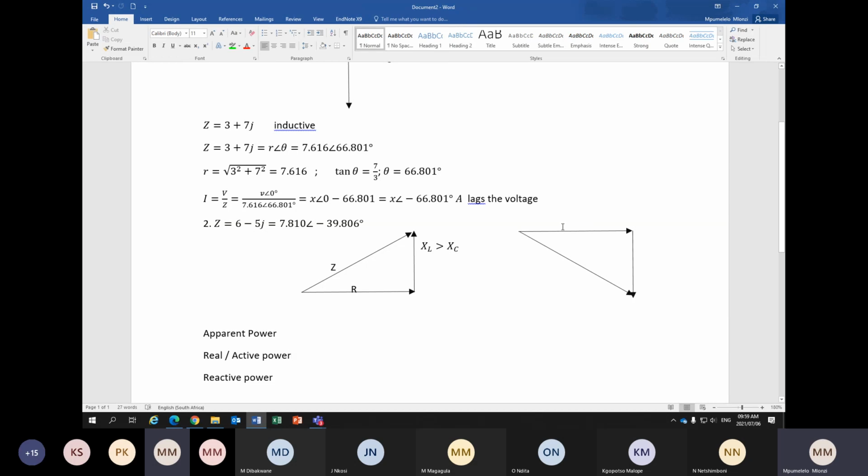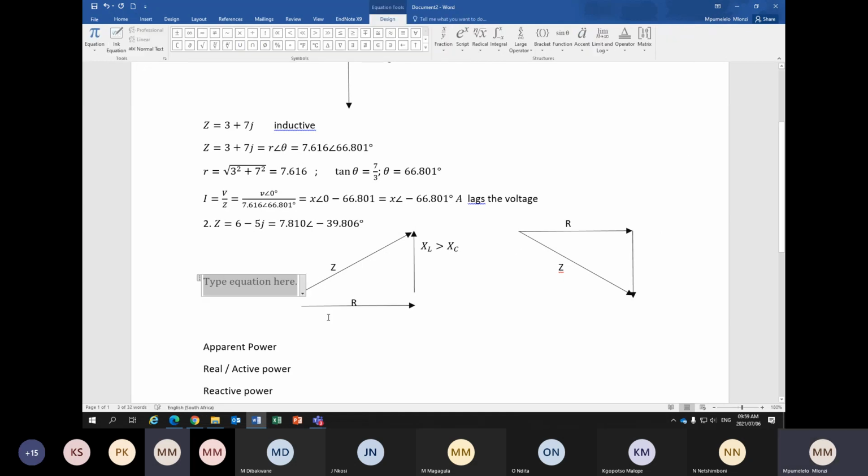Then in this instance, you have your resistor here, and here you will have your Z.